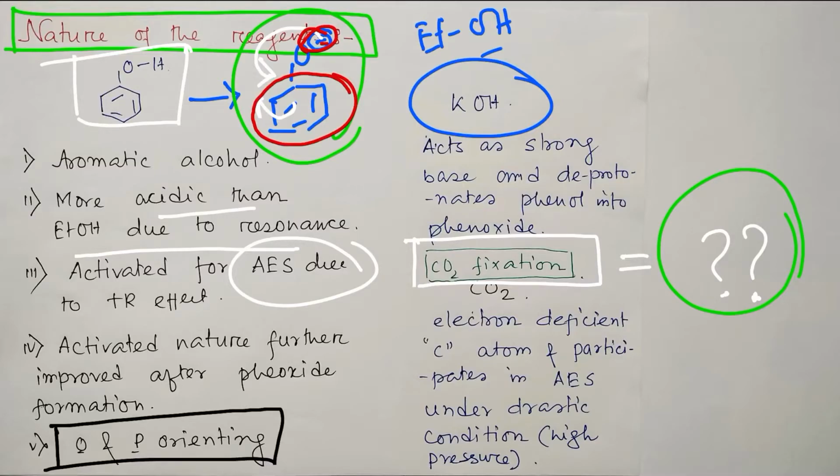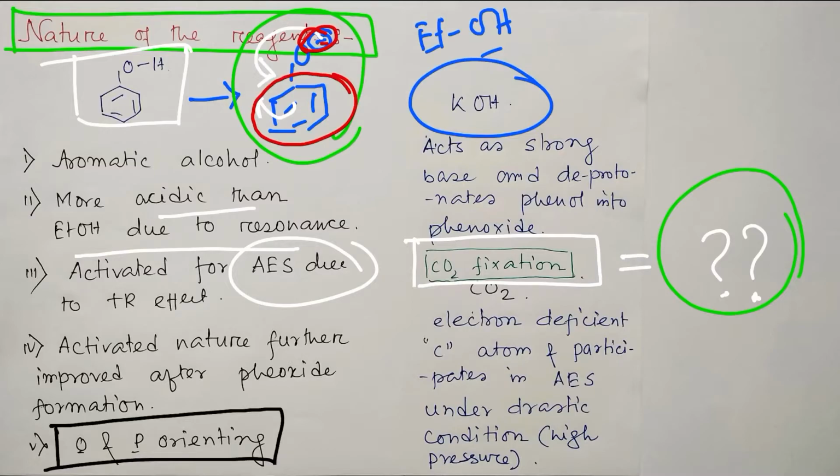Because every day we are burning tons of fossil fuel, and the carbon dioxide produced we are dumping in the atmosphere. That excess carbon dioxide is causing global warming as well as climate change. So utilization of carbon dioxide as a synthon or chemical for the preparation of other chemicals is essential, and you may consider this reaction one such process, where carbon dioxide is incorporated into organic molecules.